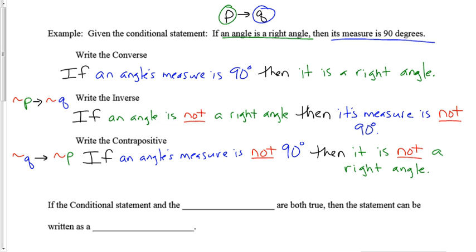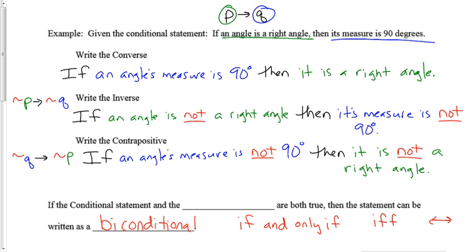Okay, for the next thing, if the conditional statement and the blank are both true, then the statement can be written as a biconditional. Your biconditional, that is your if and only if, which you can also write symbolically like this.